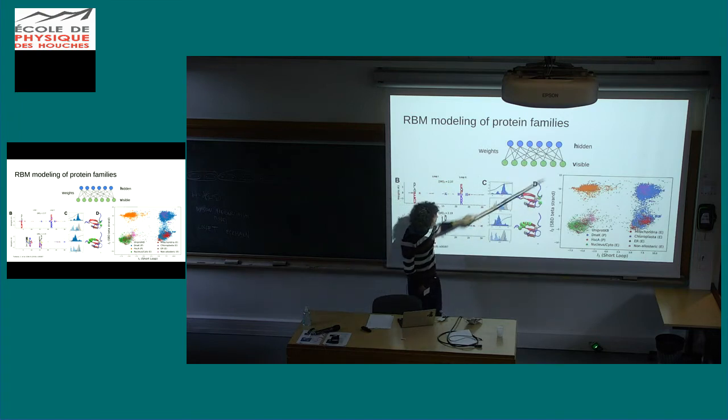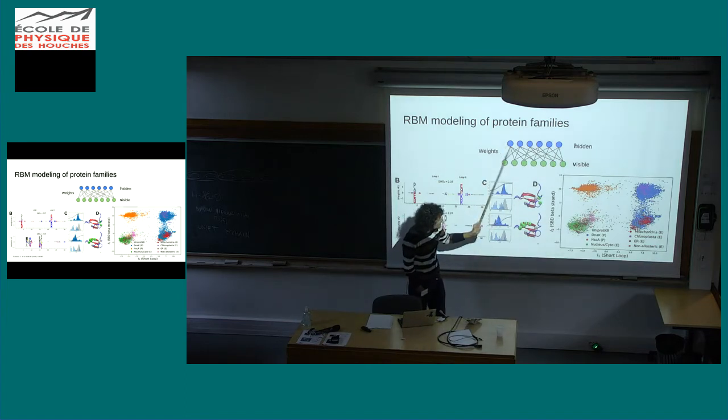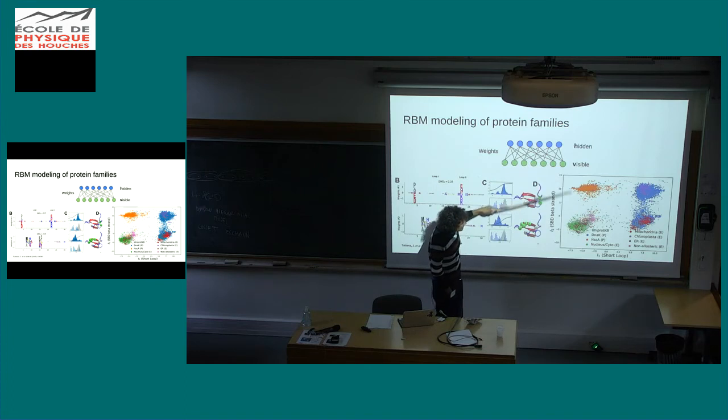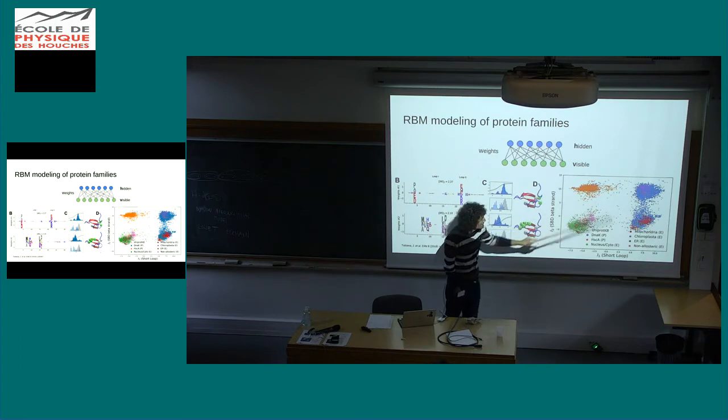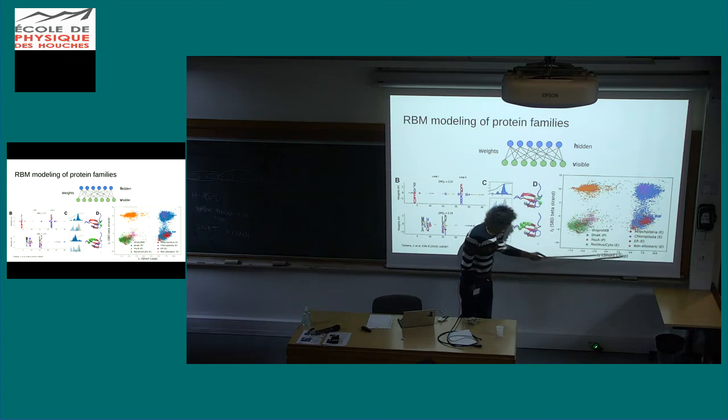And on the other side, the activation of a hidden unit conditioning on the given sequences, you can see that it also learns about different features of the protein. So for instance, in this case, we have a protein family where the color corresponds to different locations of the protein in the cell, and you can see that the activation of a given hidden unit or of two given hidden units clusterize the sequences.